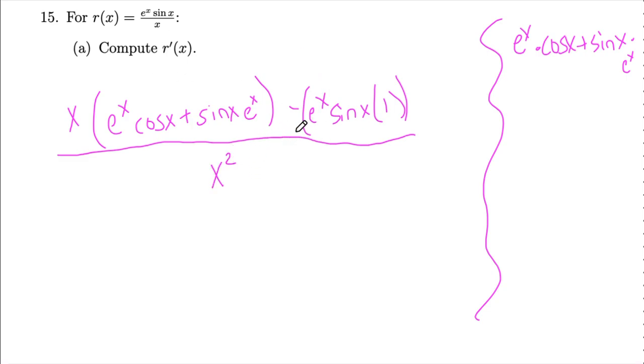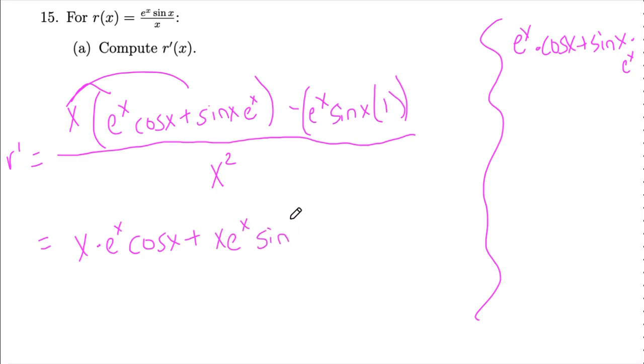All right, so now all we have to do is clean this up. So, this would be r prime equals. Let's start off by distributing this x into everything. So we would get x times e to the x cosine x plus x e to the x sine x minus e to the x times sine x over x squared.